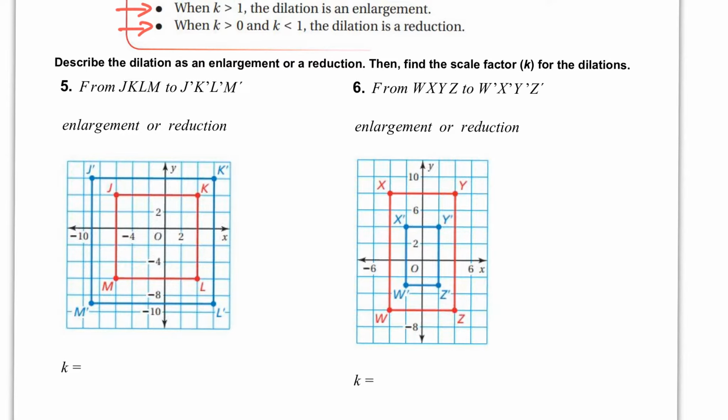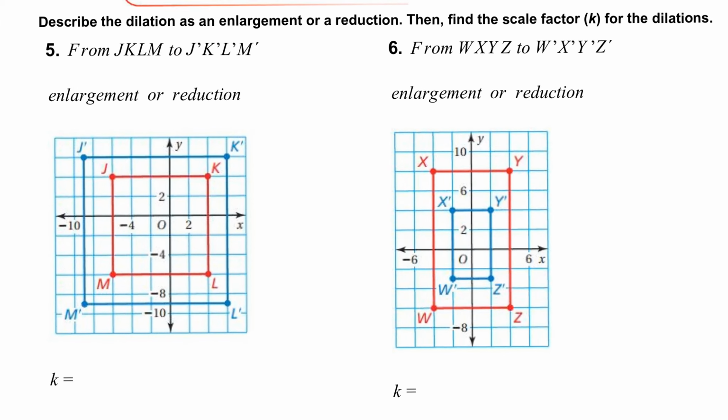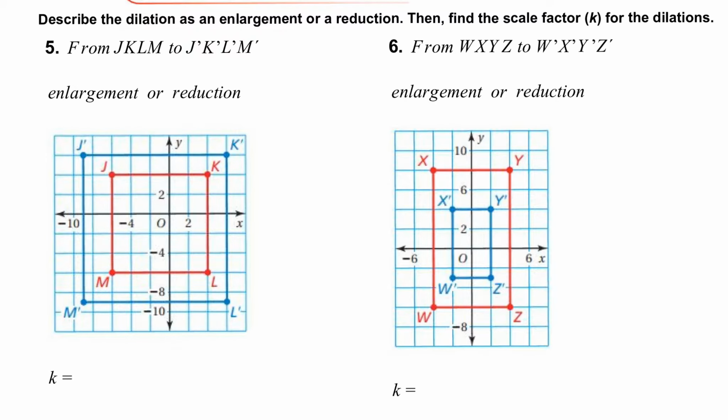So number 5, we are describing the dilation from our red shape, JKLM, to our blue shape, J prime, K prime, L prime, M prime. And right off the bat, we can see that it is an enlargement because our image is larger than our original. So that is an enlargement.